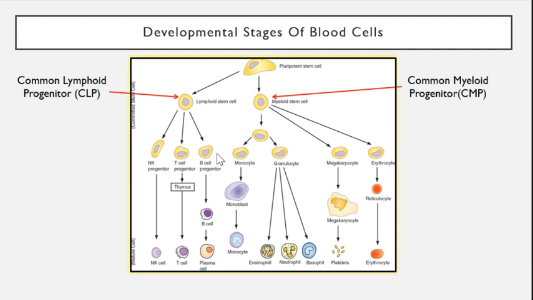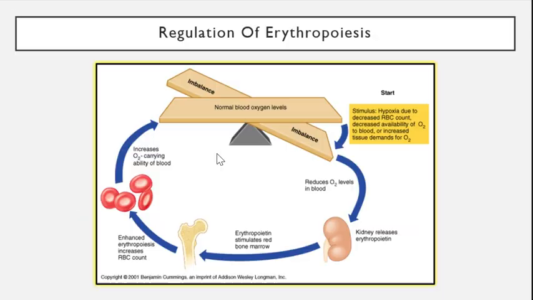If you're stimulating that development from reticulocytes to erythrocytes, it's going to make more red blood cells, and that's eventually going to lead to increased capacity. So this is the negative feedback loop that leads to proper maintenance of red blood cells, right?